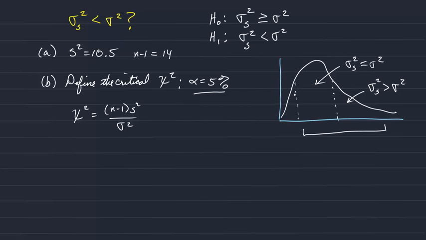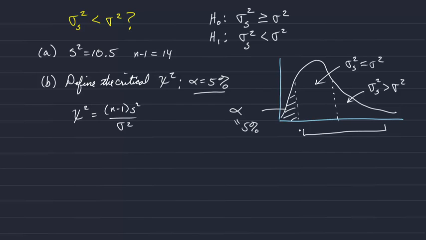So our test is really going to involve seeing if chi-squared falls within this range. And this is going to be our alpha. The area under this part of the curve is going to be alpha, and that's equal to 5%. Okay, we don't care about this area. We're just testing to see if it's in this area.